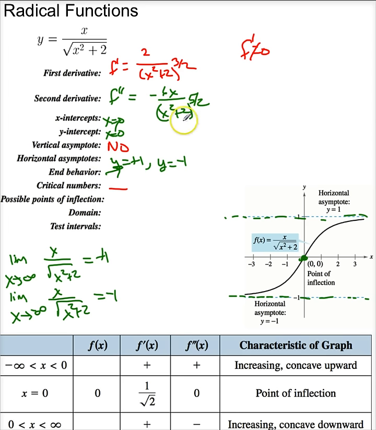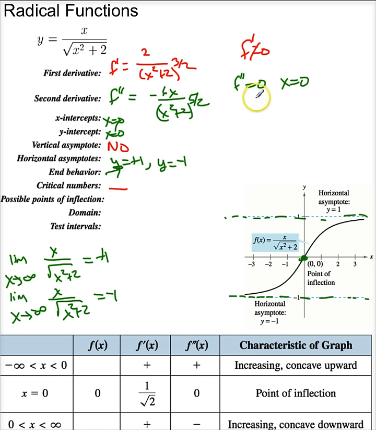All right, let's look at the possible inflection points. Where would this possibly change sign? Well, the only place f double prime can change sign is where f double prime equals 0. It's equal to 0 when x is 0.